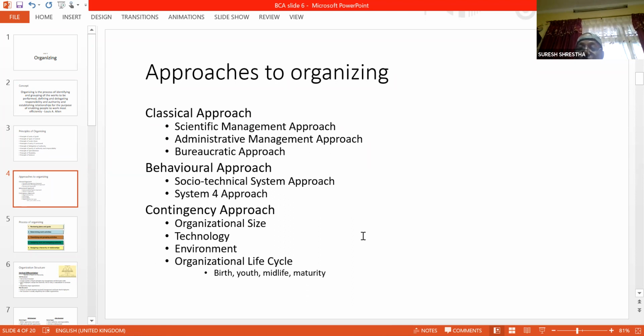Flexibility धेरै ल्याउने, democracy, people को participation र त्यो organic nature को हुन्छ नि, people can communicate freely, people can work in group. त्यस्तो democratic approach लिएर organization structuring गर्छ भने that is the system 4 approach. Less rigidity, more flexibility, working in group, having democratic approach of working. That is the system 4 approach.